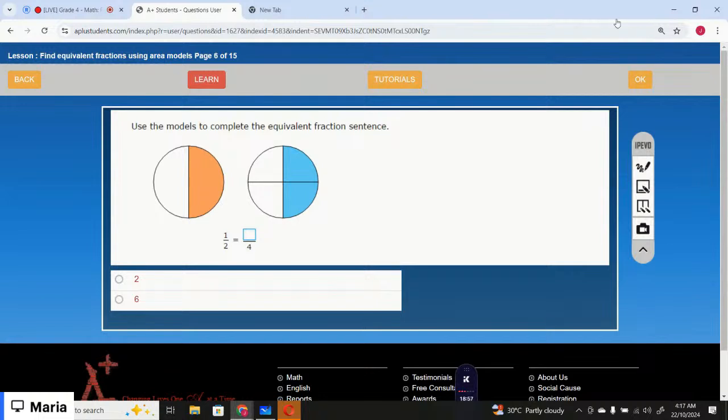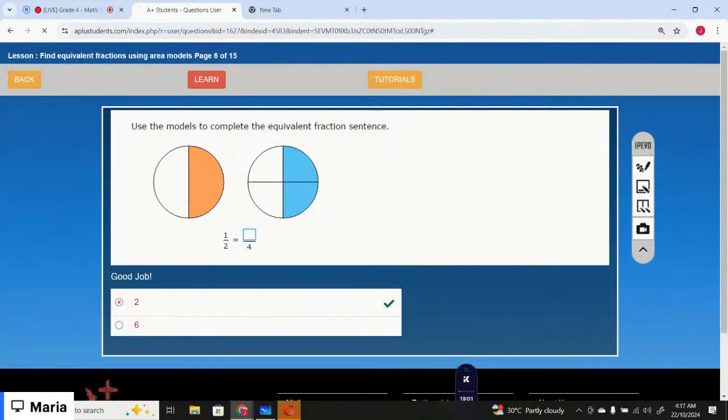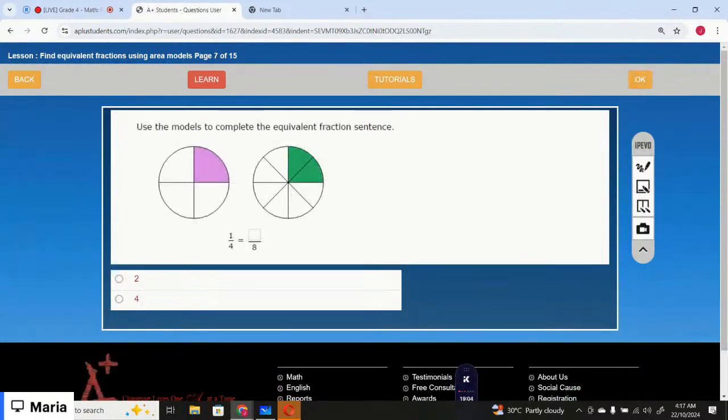That is 2 out of 4. The correct option is 2 out of 4. 2 out of 8.